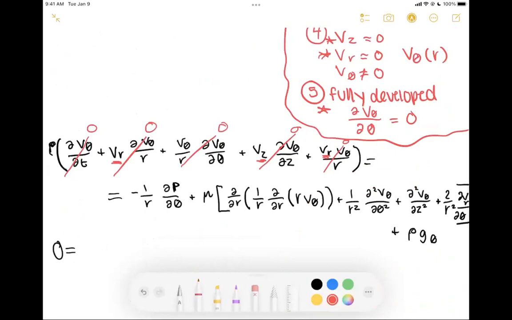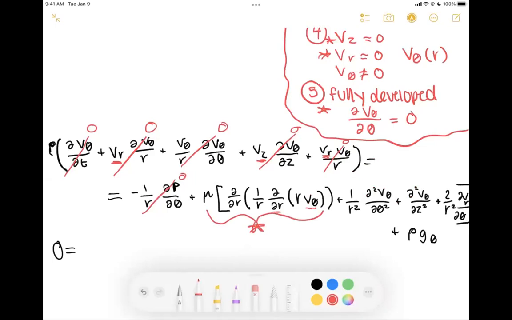That's why this would be 0. And then we have this here, the derivative of V theta over dr, which we are actually going to keep. This is the first one we keep so far. It is not going to be equal to 0.